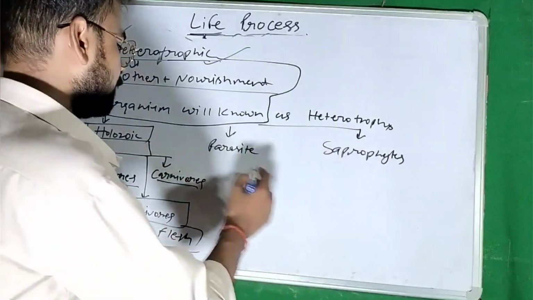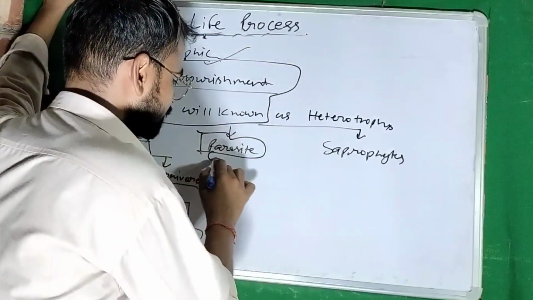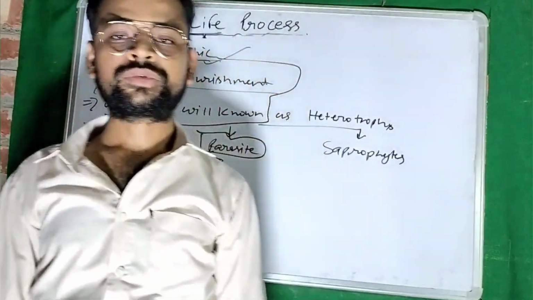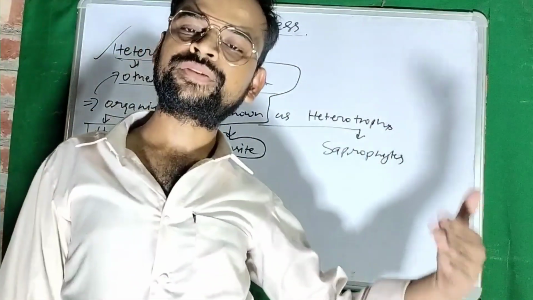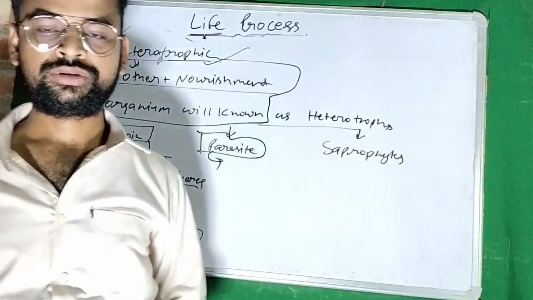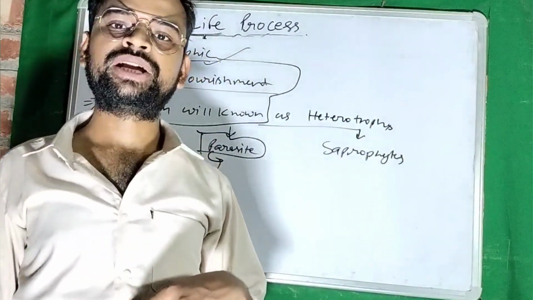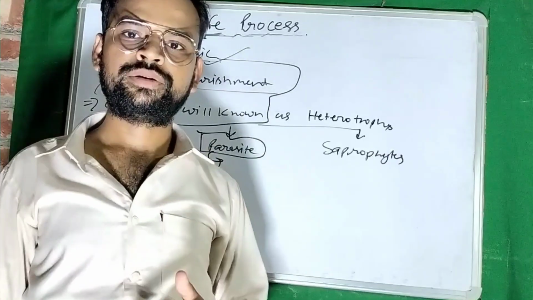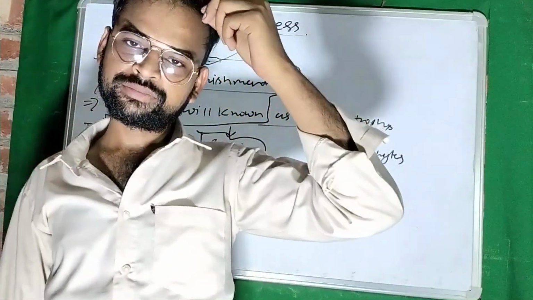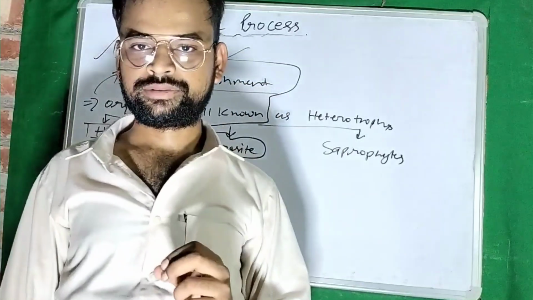Now we will discuss parasites. Parasites are living organisms that obtain their food from their host. Suppose, for example, in my hair there are some lice.